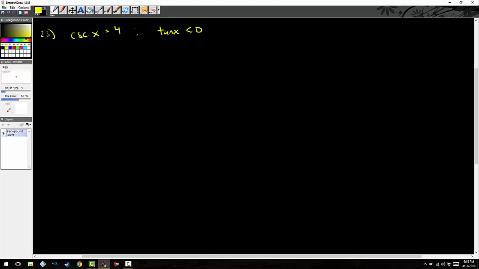Well, unlike numbers 21, 22, and 24, where they explicitly tell you which quadrant your angle is in, this time you have to extrapolate the information based on the implication. Well, here's the thing, I know that cosecant is 4 over 1, which means that my 4 is my hypotenuse and my 1 is my opposite side, right?